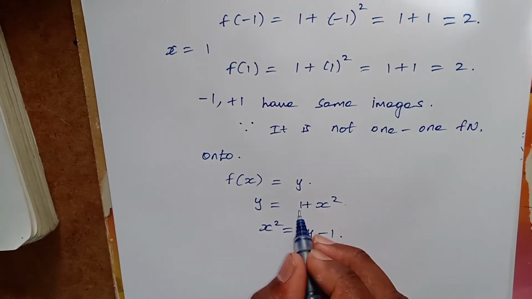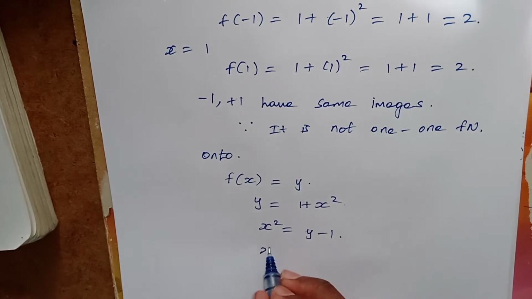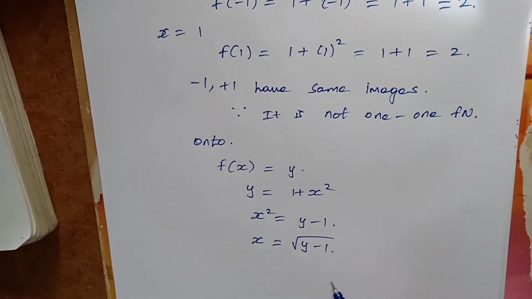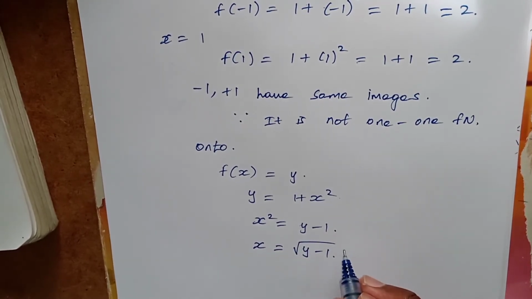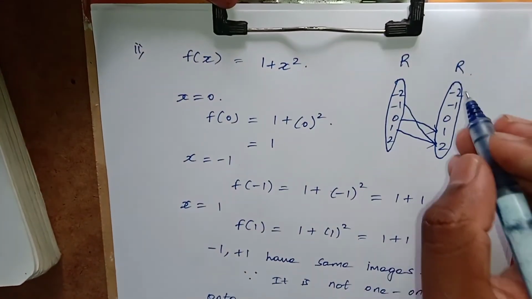The plus 1 comes to this side as minus 1, therefore x is equal to root of (y minus 1). Therefore, here it is a root, irrational, so it is not onto.